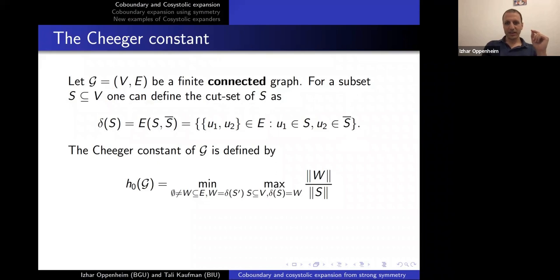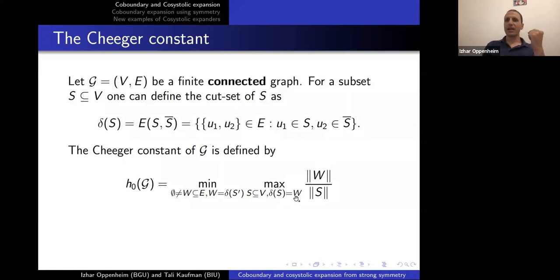I define it by going over all the sets of edges that come from cut sets, and then seeing what's the smallest set of vertices that the set of edges W is a cut set of.